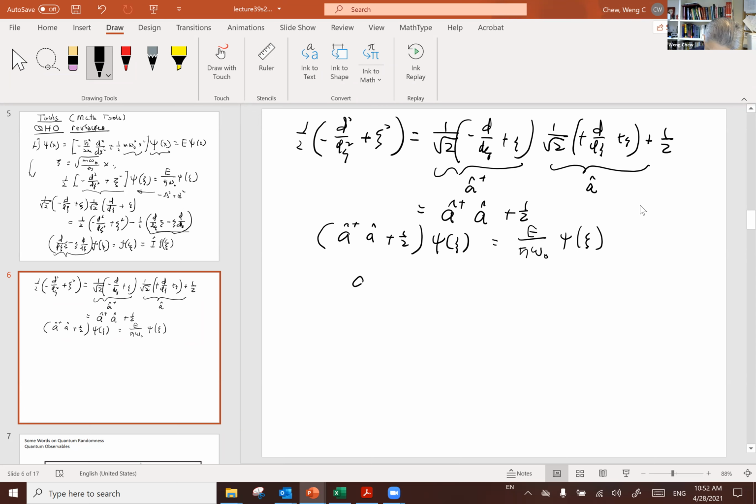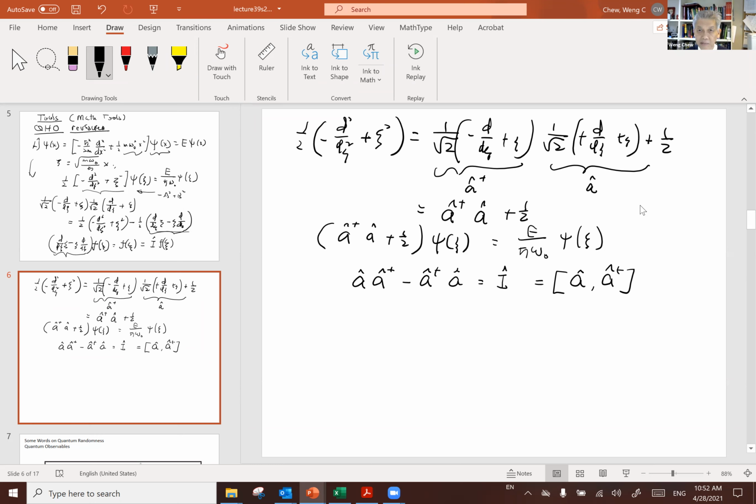They don't commute means that A A dagger minus A dagger A is not equal to zero. They actually are equal to the identity operator. Okay, you can show this quite easily by back substitution. And this is usually called a commutator, which means that A and A dagger do not commute with each other.